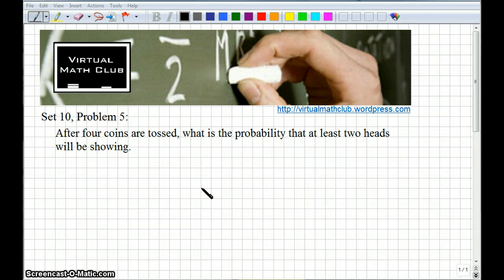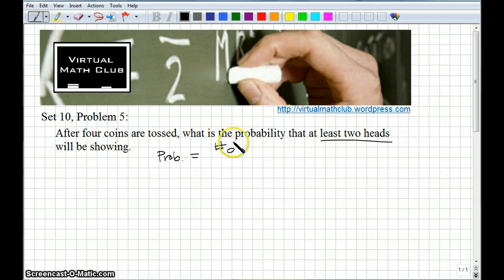In problem number 5, we've got 4 coins and we toss them, and the question asks, what's the probability that at least 2 heads will be showing? So, probability is equal to the number of desired outcomes.